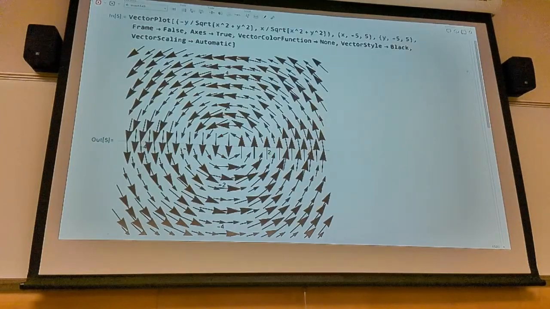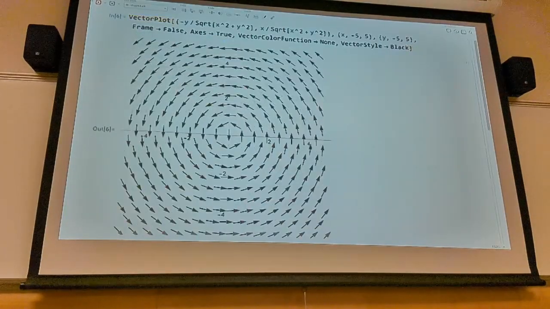Looks like a modern art installation. I don't like it. So I'm going to stick with the default option of none. We can also choose points.